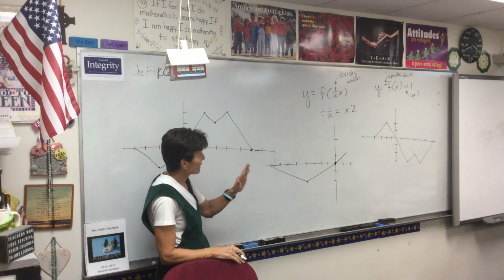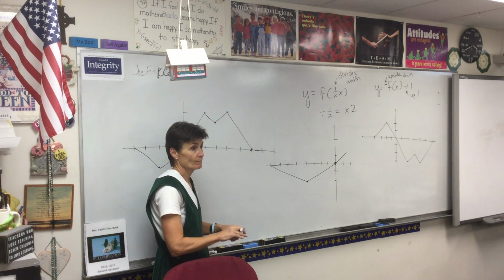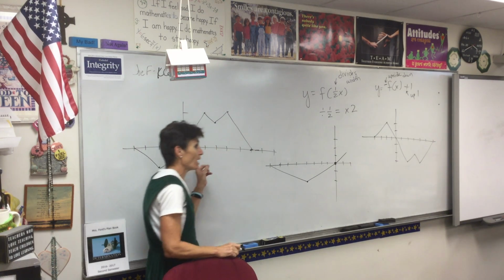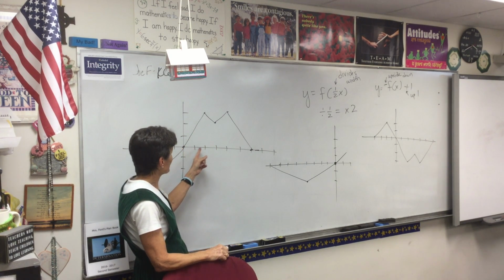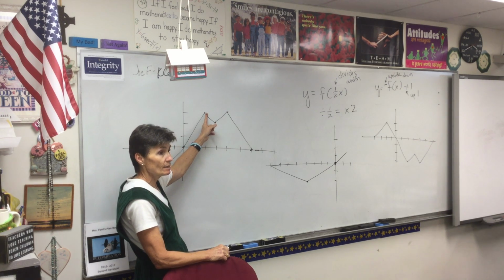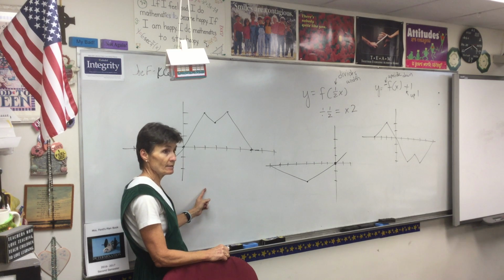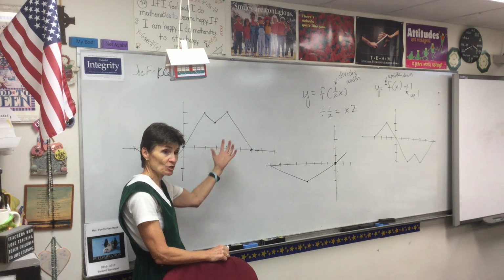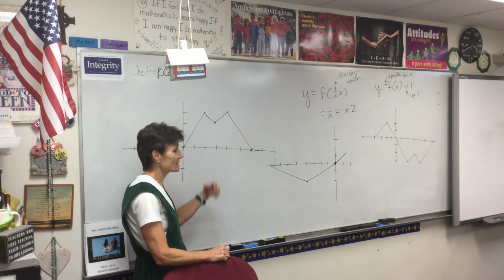I've tipped it upside down. So if you're having trouble, remember, if in the original you went over 2 and up 3, you're going to go over 2 and down 3. You're just going the opposite direction vertically. Up instead of down, or down instead of up.